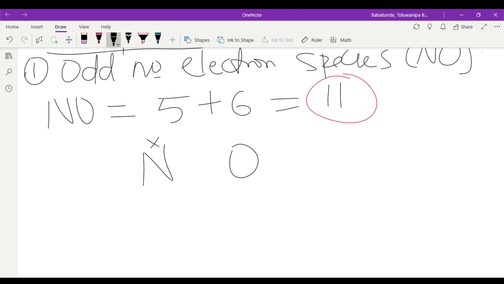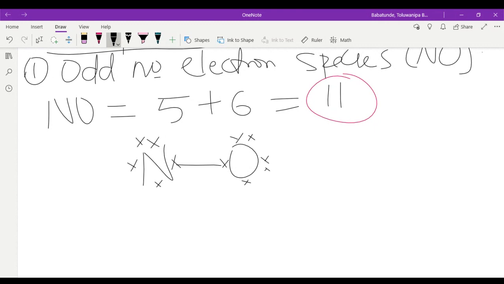We have 5 valence electrons, and this has 6 valence electrons. 1, 2, 3, 4, 5, 6. When you make it this way, you're going to have that.